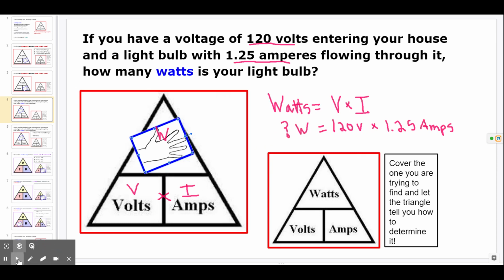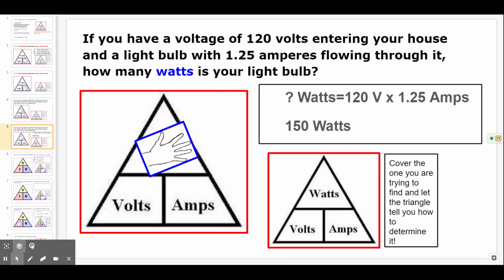That's how I use my formula triangle to solve for how many watts my light bulb is. And when I multiply 120 volts times 1.25 amps, I find out my light bulb is 150 watts.